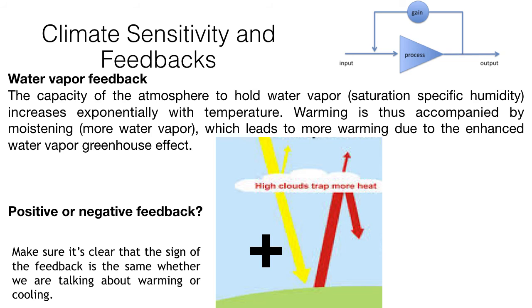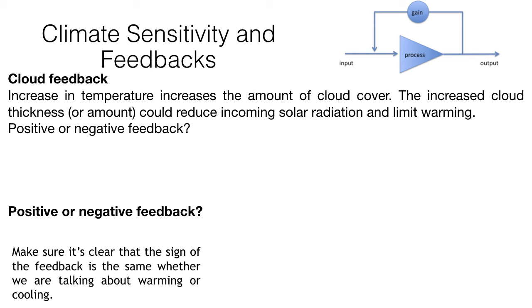On the other hand, if cloud level is reduced, for example, temperature increasing increases the cloud cover. Because cloud cover increases, solar radiation will decrease because it stops that, and it limits the warming, especially for clouds in the lower stage. They will not allow sunlight to come through.